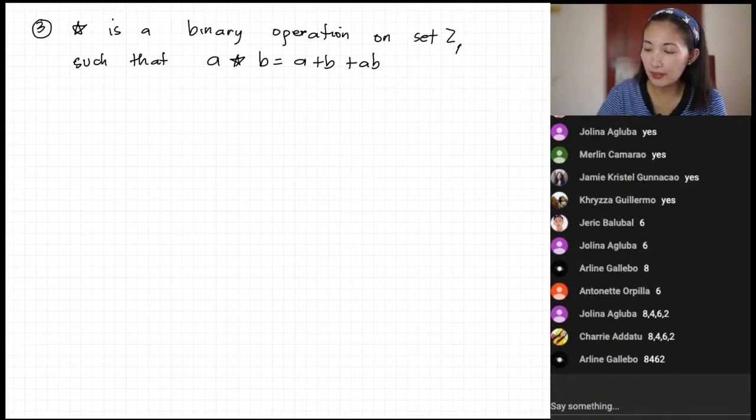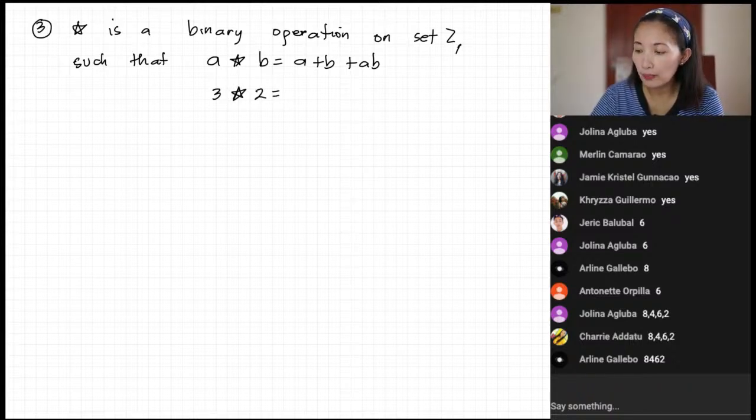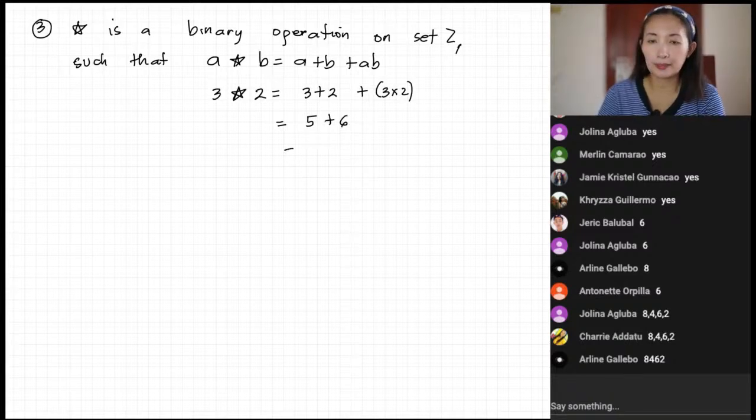So, for instance, just an example, 3 star 2, what will this be? 3 star 2 means 3 plus 2 plus 3 times 2. That's the meaning, which is equal to 5 plus 6 or 11.